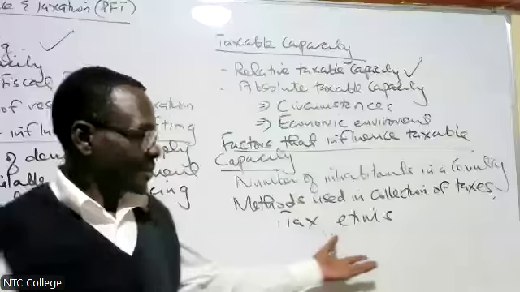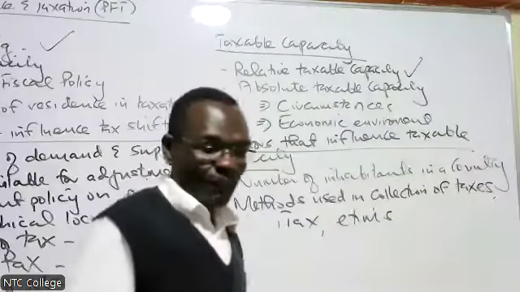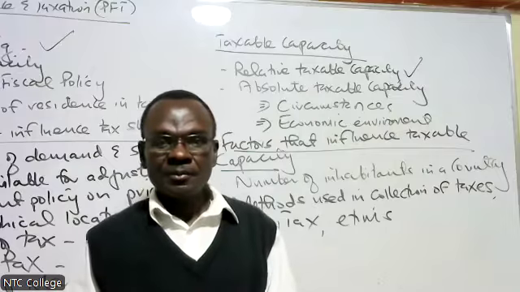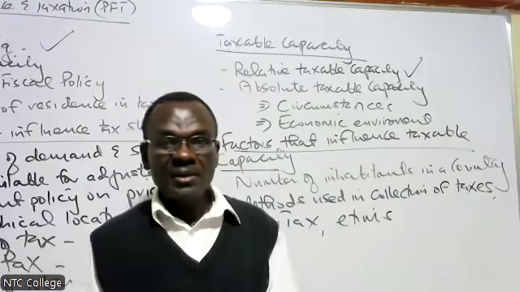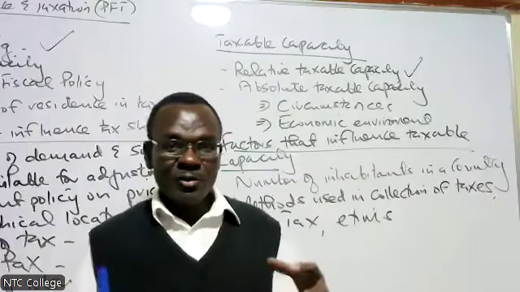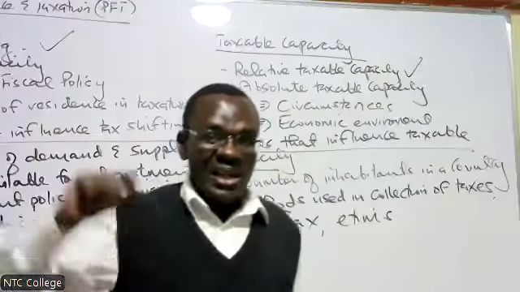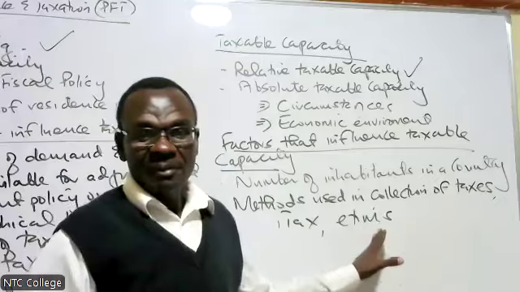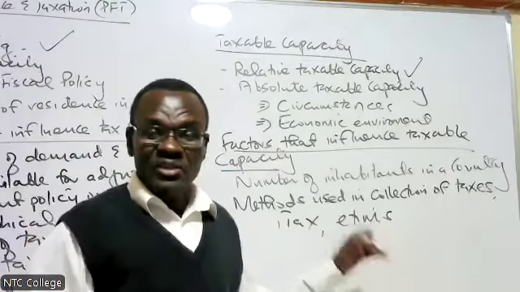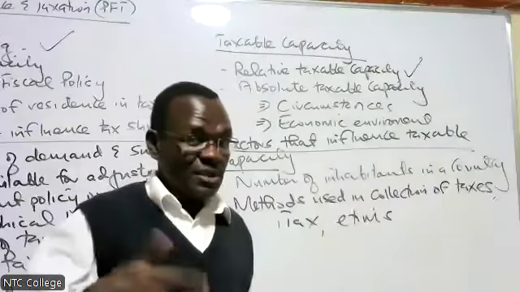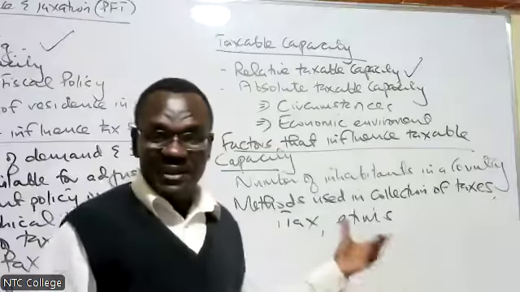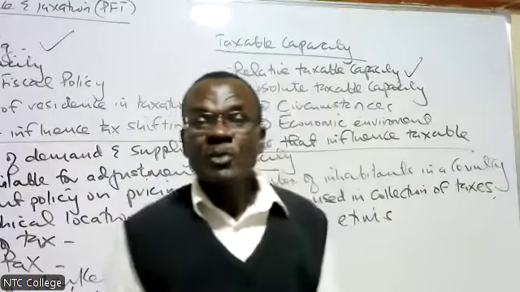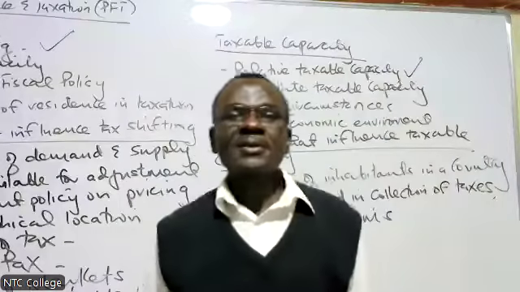The same applies to eTIMS, which is intended to streamline especially VAT, because all transactions will be captured by KRA directly. So you cannot just get an input tax refund if it cannot be evidenced by eTIMS and so on. So we're saying method is important.